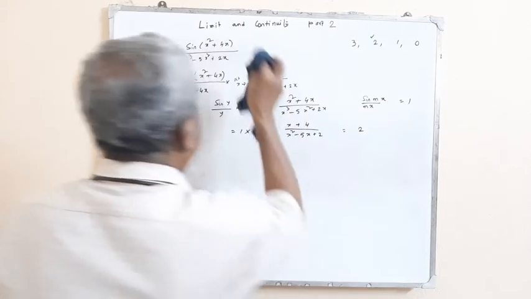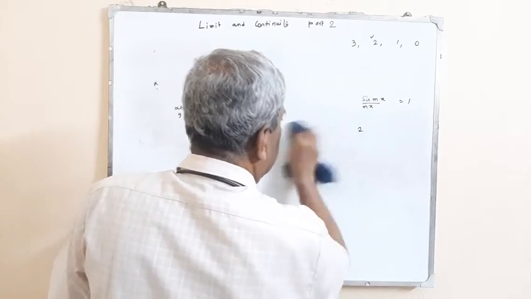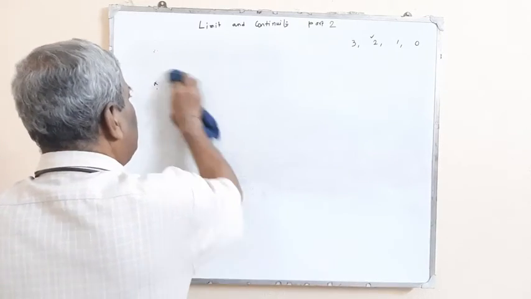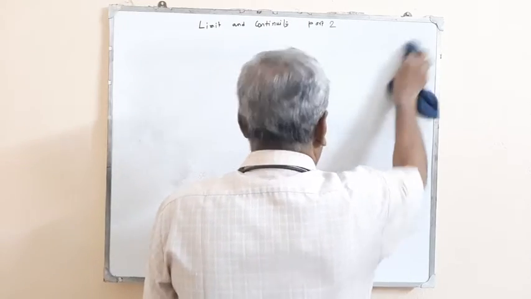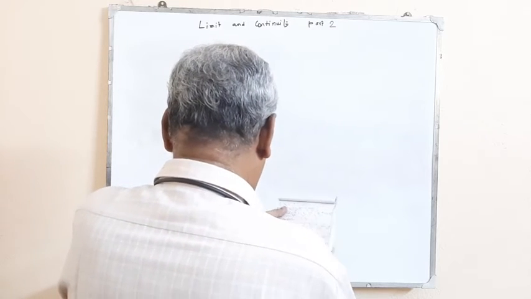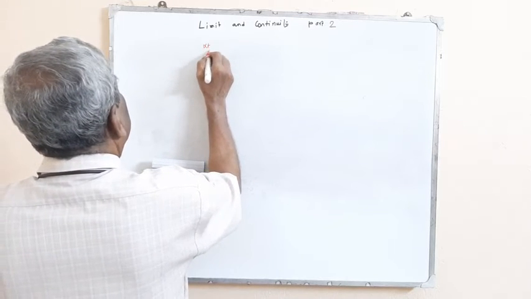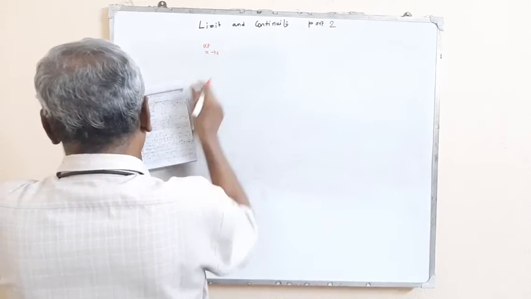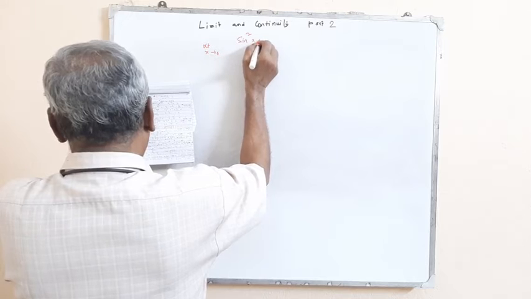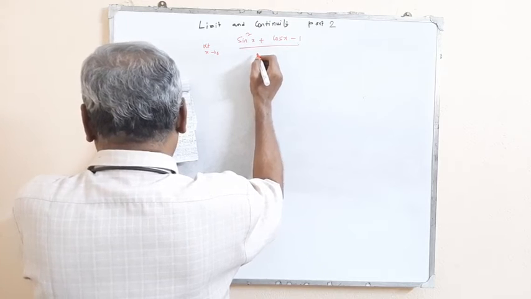Our next problem. Limit x tends to 0 of (sine square x plus cos x minus 1) divided by x square.